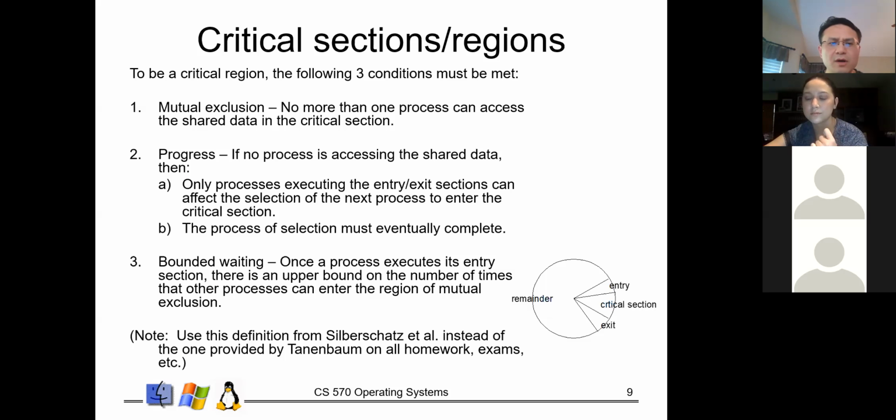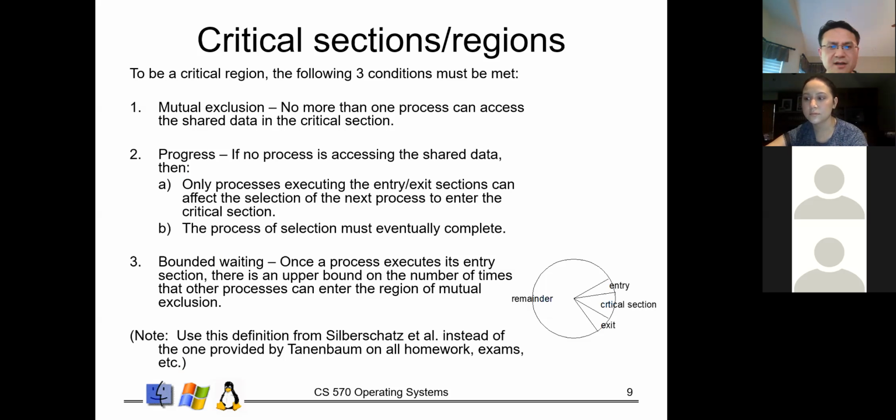A critical section also needs two other very important properties. First, it needs to ensure a progress property.